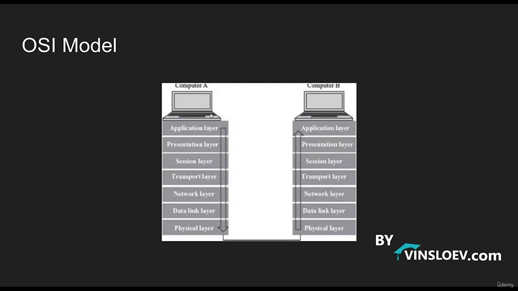So this is how the OSI model works. It goes from the top down at one end, and from the bottom up at the other end.